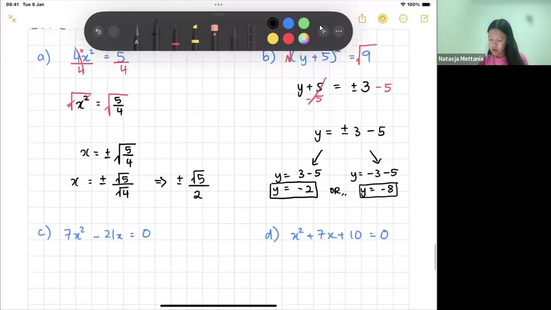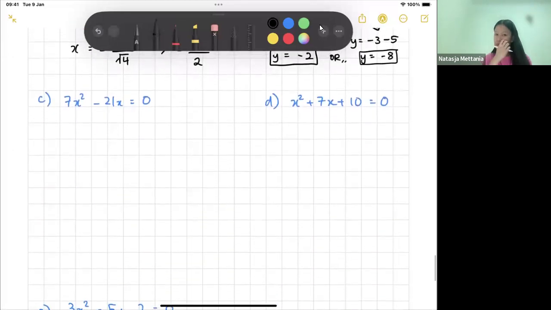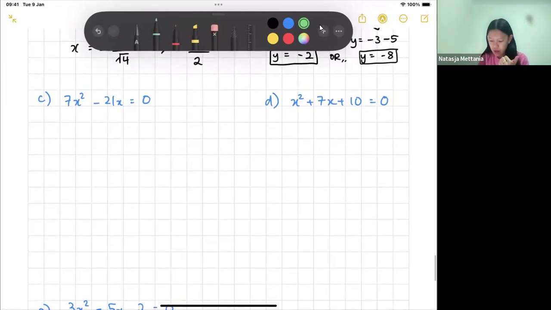Okay, so question C. 7x squared minus 21x equals 0. This is where my methods of factorization come in. Okay. All right. So I've got two terms, 7x squared and -21x. I can't use PSF because I'm missing a number here.